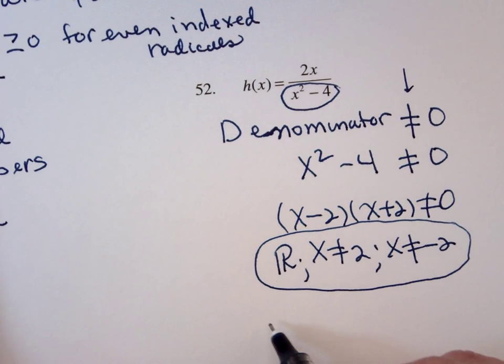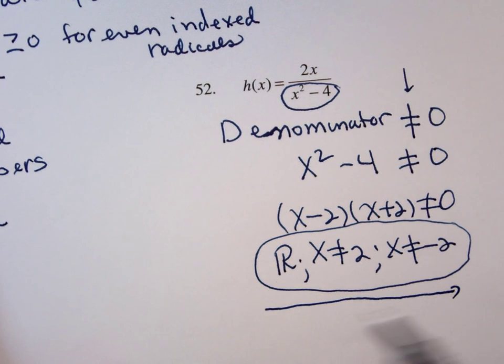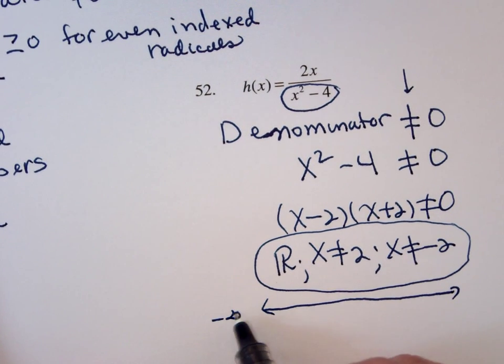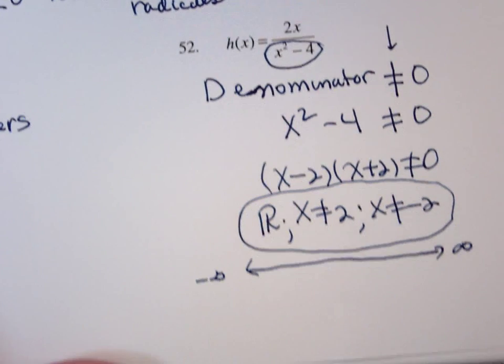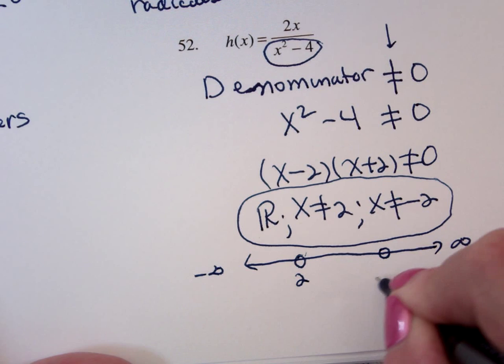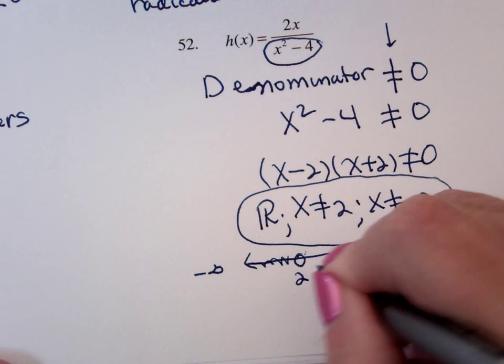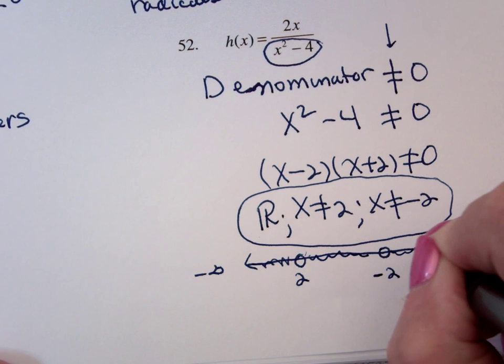Interval notation would say I have to exclude, if you think about the number line, that's minus infinity to plus infinity. You need to exclude 2. You need to exclude minus 2. But it's everything except those two numbers.